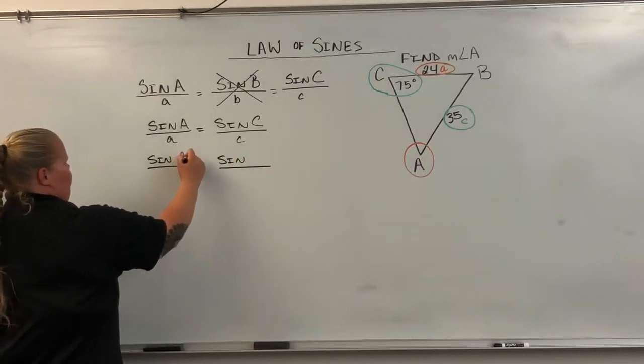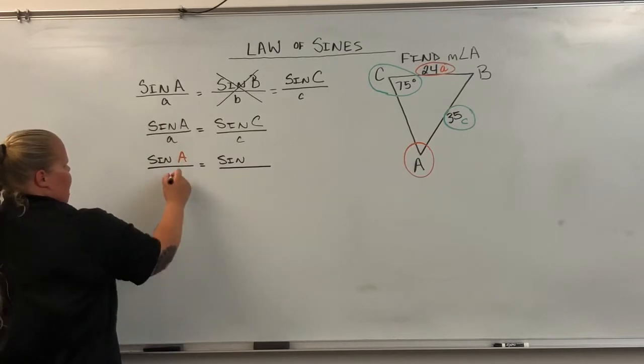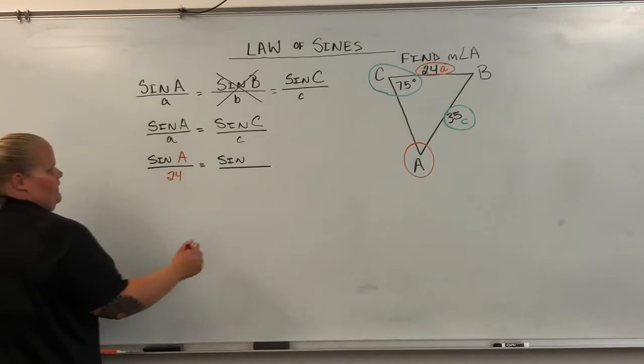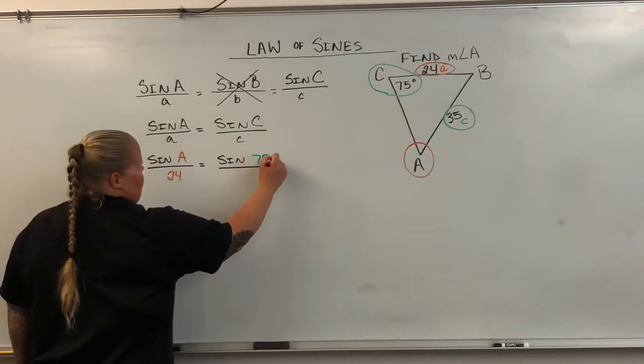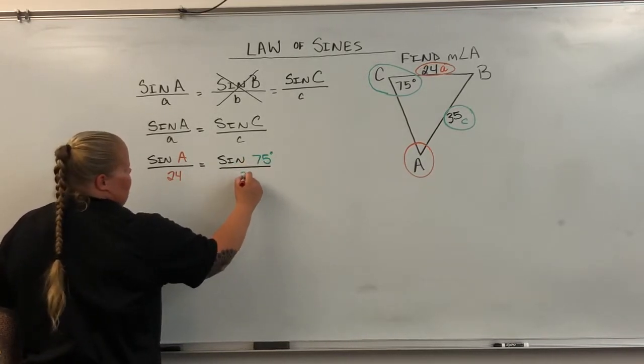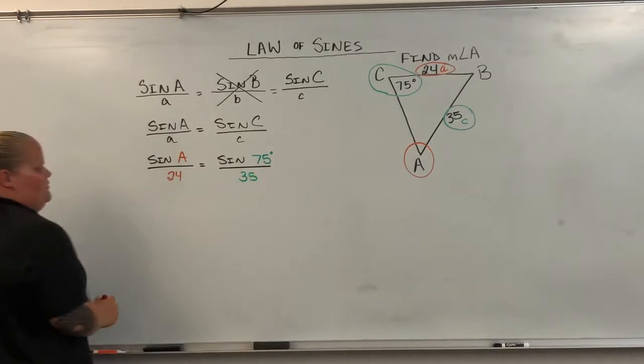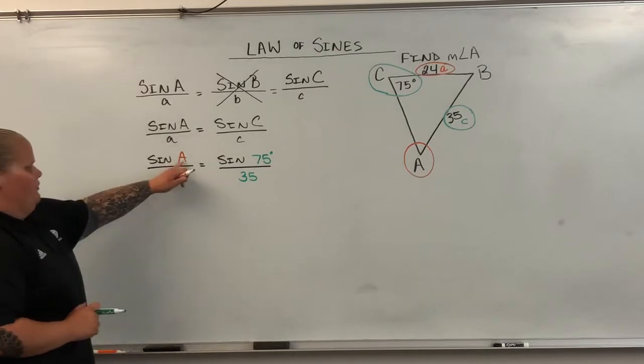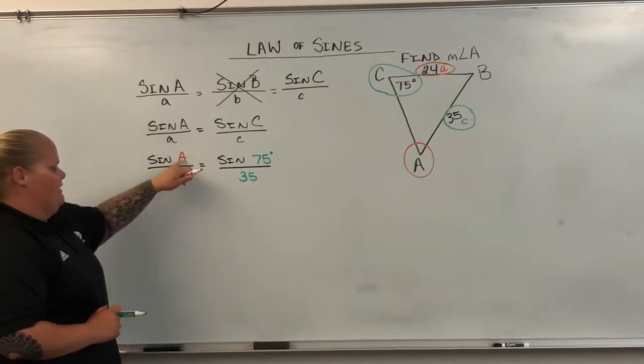A is what we're looking for. Side A is 24. And then angle C is 75 degrees. And side C is 35. So what I'm going to do is solve for angle A. I need to get A by itself.